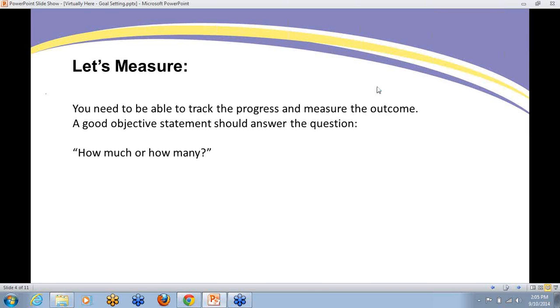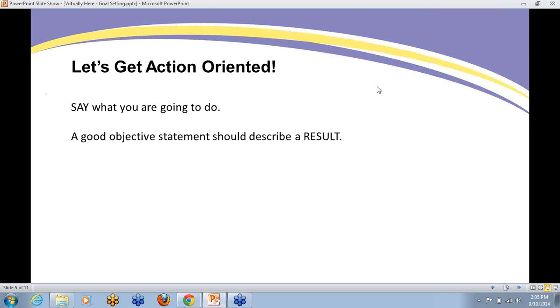Achievable or attainable means that there's agreement with all stakeholders as to what the goal should be. You want to make sure this is possible for all levels within your working group. A good question to ask yourself is, are you stretching? Another good question is, is this goal attainable in the not too distant future?